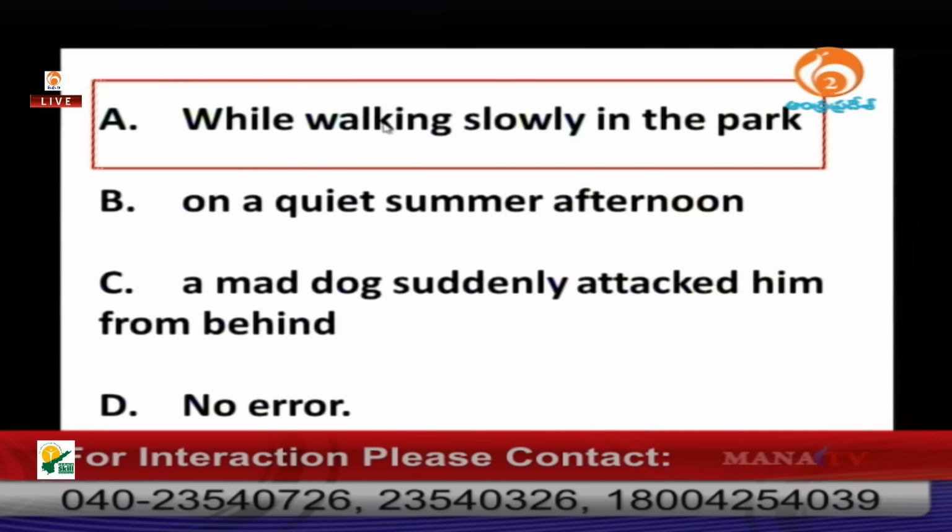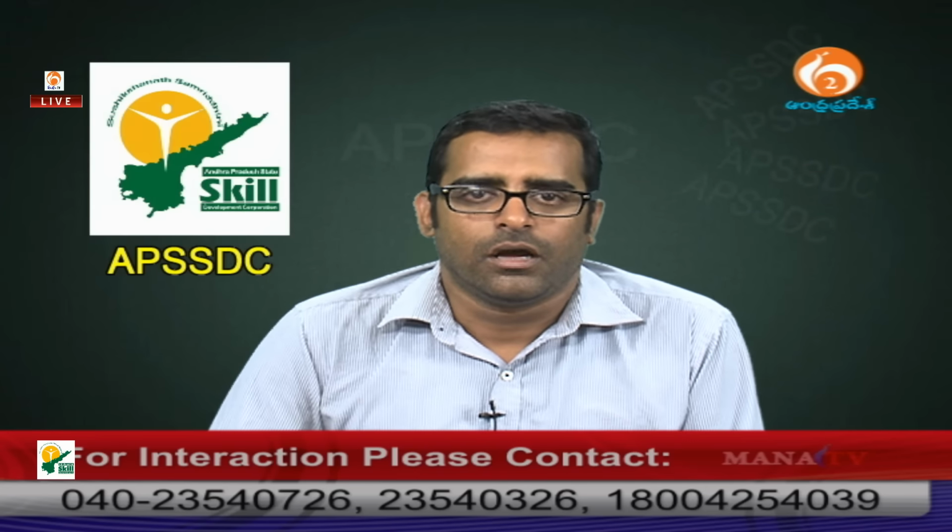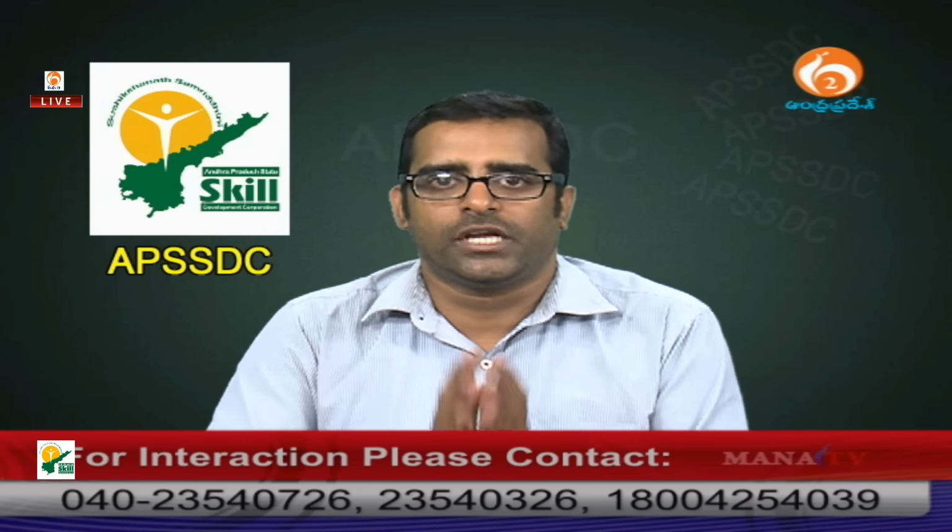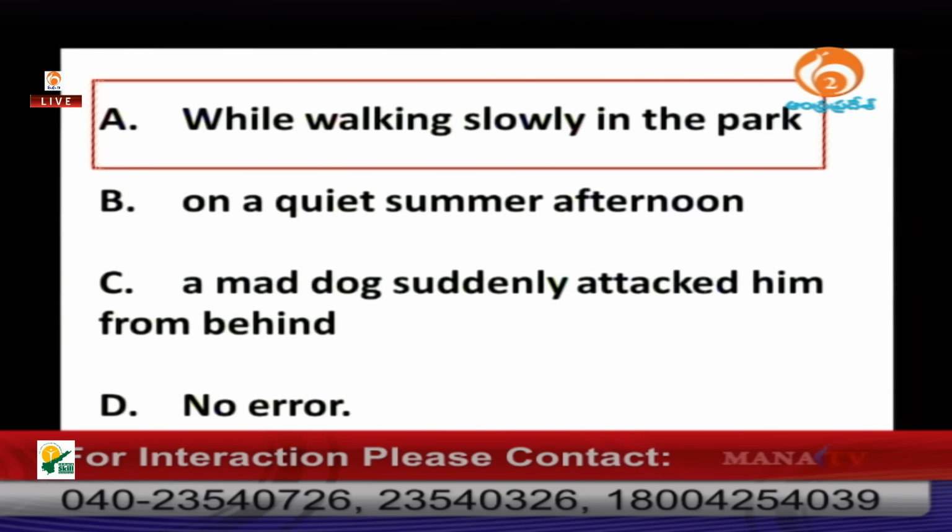That's why we will pick the stem A, because this is where the error is. It doesn't say while he was walking slowly in the park, while the person. So the noun is not mentioned, but here the pronoun is mentioned. So first the noun has to be there, only then the pronoun can come. Okay, that's why stem A has a problem.